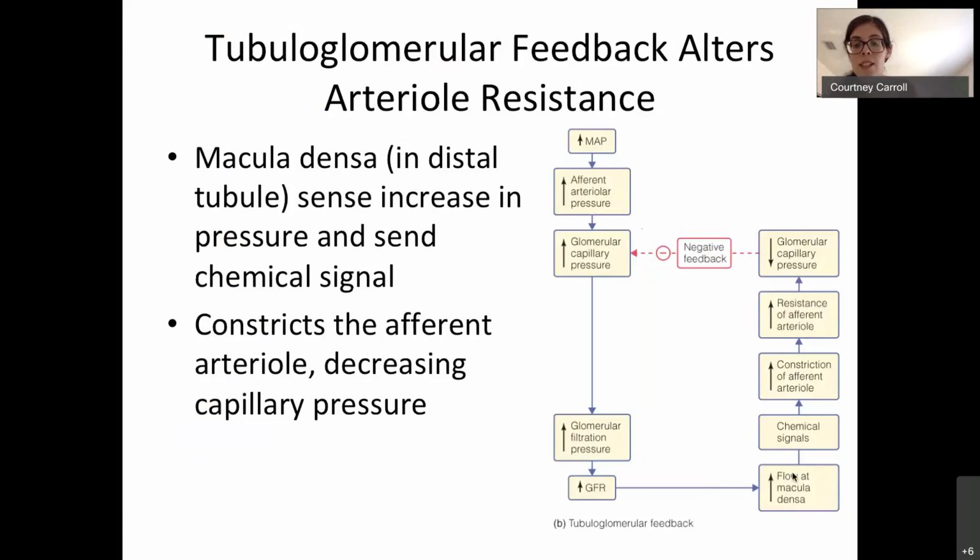And the macula densa cells will be like, we are receiving way too much flow right now, and they'll send a signal that will be picked up by the afferent arteriole, and it will cause it to constrict. So the end result is the same, constricting that afferent arteriole, and it can either come from the arteriole itself, and/or usually it's both things happening simultaneously, from the macula densa cells in the distal tubule.